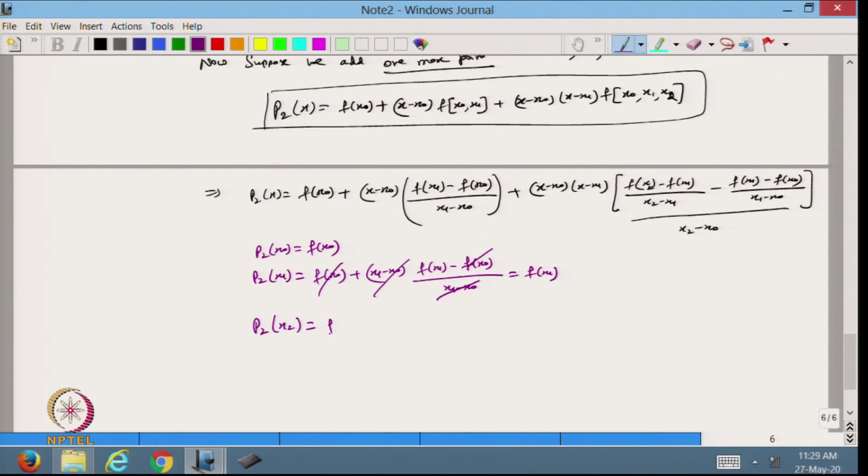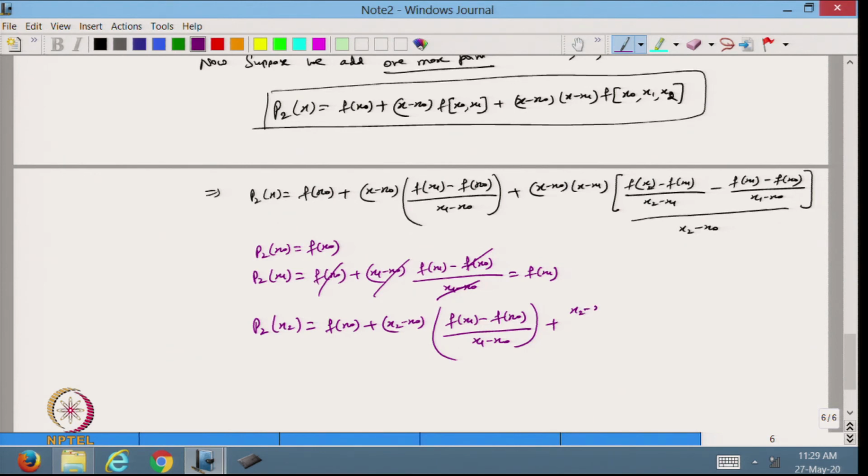Now, let us see what will happen. f(x0) plus (x2 minus x0) times (f(x1) minus f(x0)) divided by (x1 minus x0) plus, now x2 I have to substitute here.